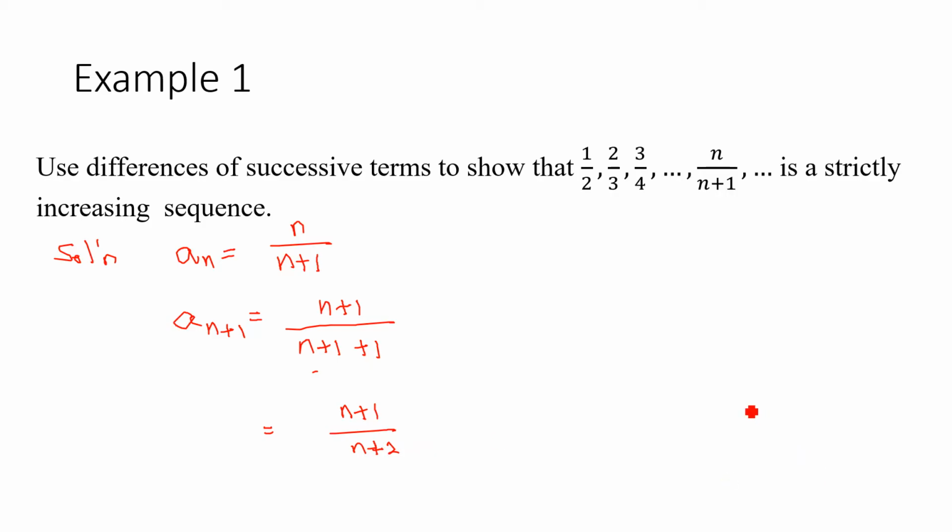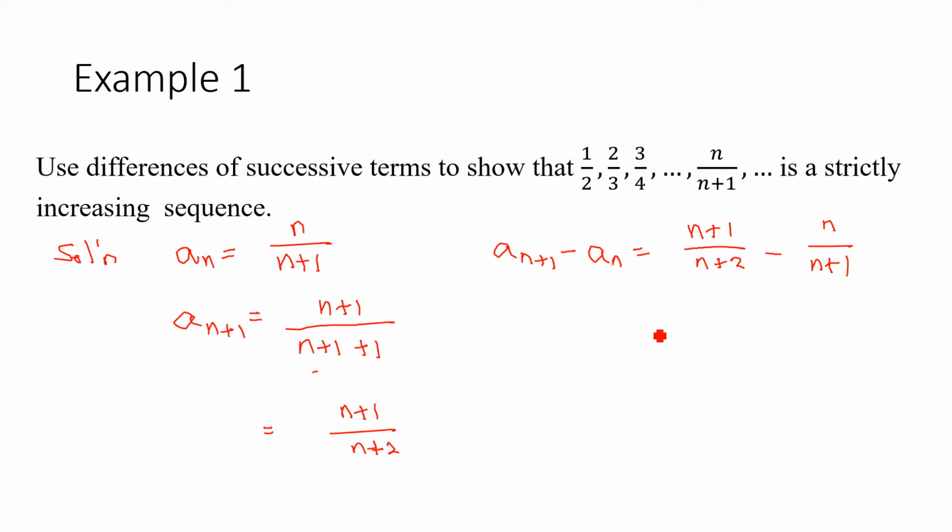Now, since the instruction is to use the difference, we have a sub n plus 1 minus a sub n, which is equal to n plus 1 over n plus 2 minus n over n plus 1.